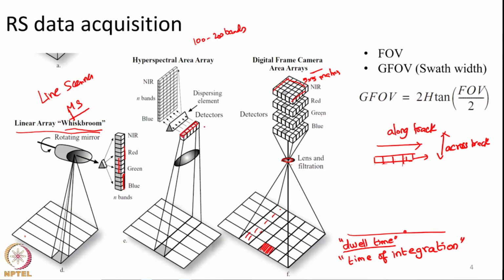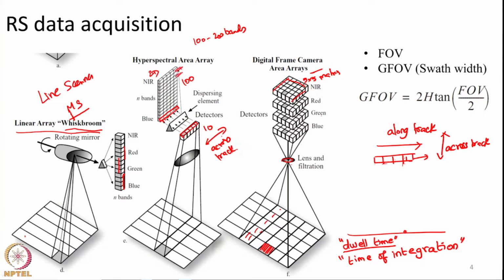Let us say we have 10 detector elements in the across track direction. And let us assume we have 100 bands in the hyperspectral sensor. So, what will it have? It will have a detector array. It is also a 2D array, but each row will correspond to these 10 detector elements in the across track direction, each element in one row, whereas different rows correspond to different bands.